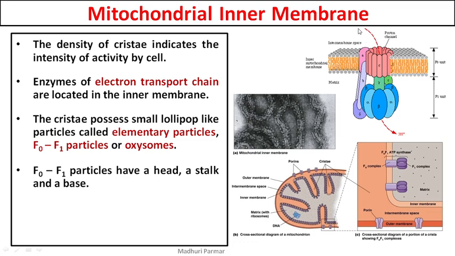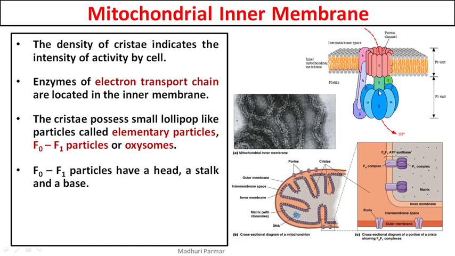The protons, H plus ions, move through this base and through the stalk, and they go towards the side which has lower concentration of protons. So protons are moving from higher concentration to lower concentration. They move through these proton channels, which are the base of the F0F1 particle.